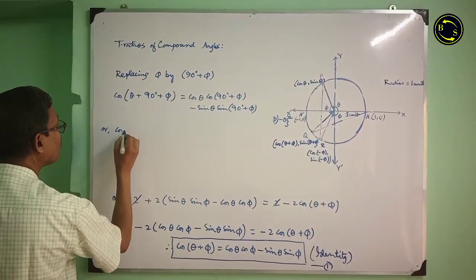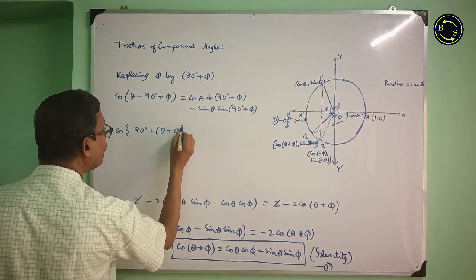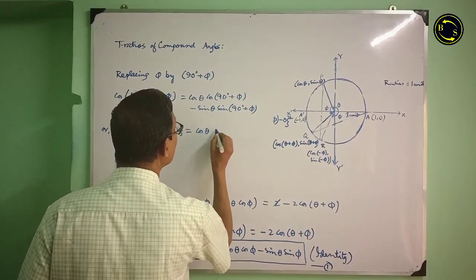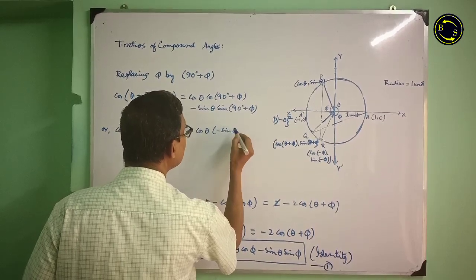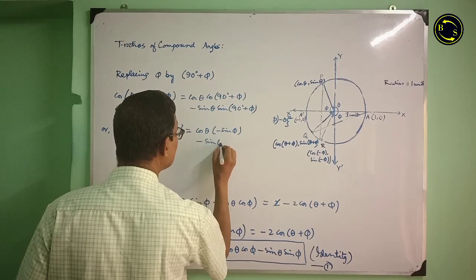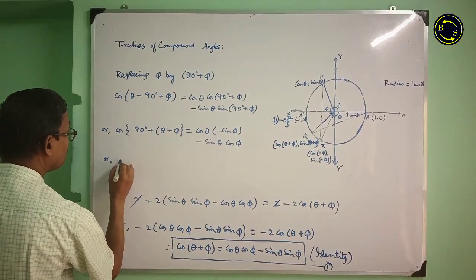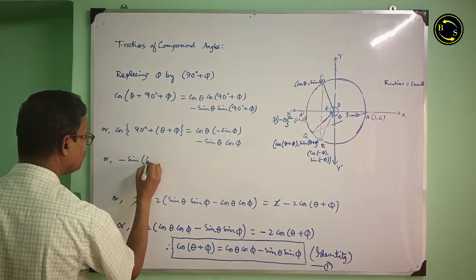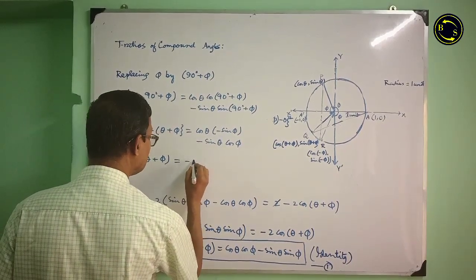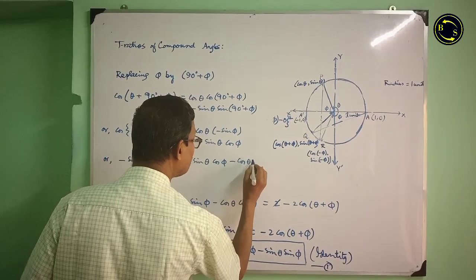or cos theta minus sin phi minus sin theta cos phi, or minus sin theta plus phi is equal to minus sin theta cos phi minus cos theta sin phi.